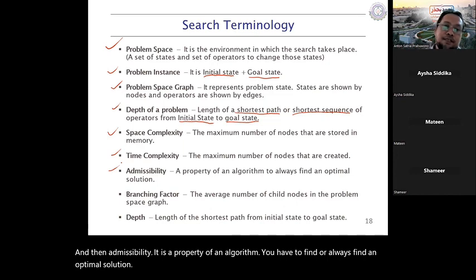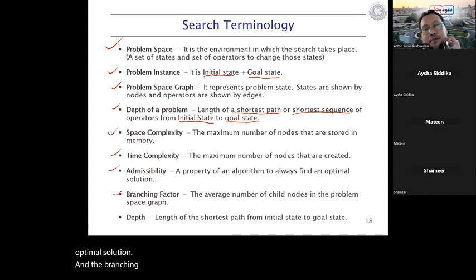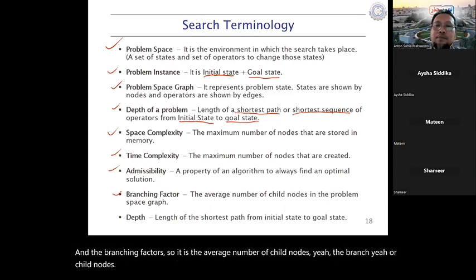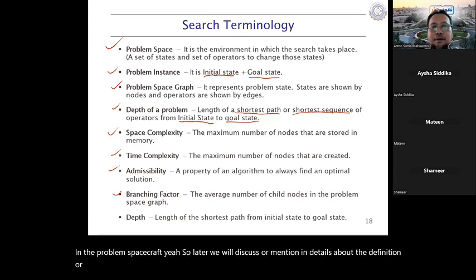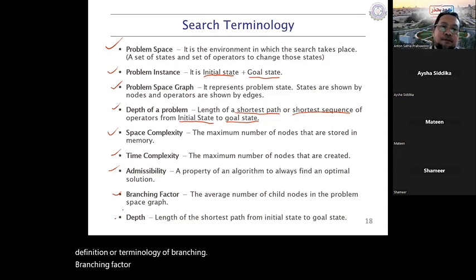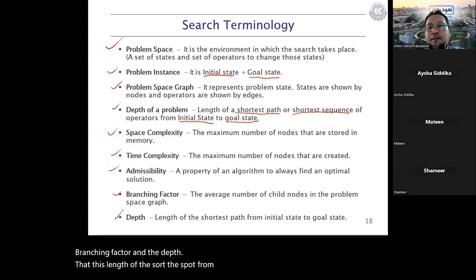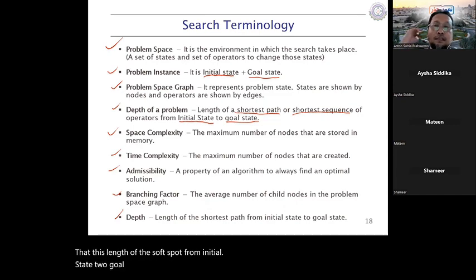And the branching factor is the average number of child nodes in the problem space graph. Later we will discuss in detail the definition of branching factor. And the depth is the length of the shortest path from the initial state to the goal state.